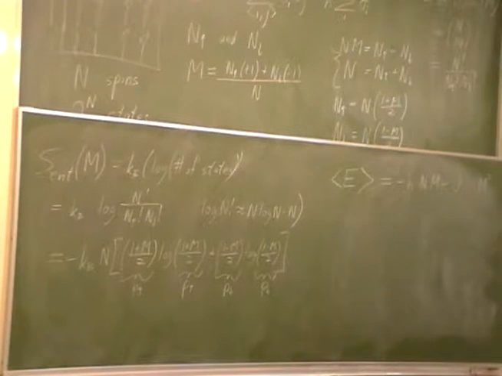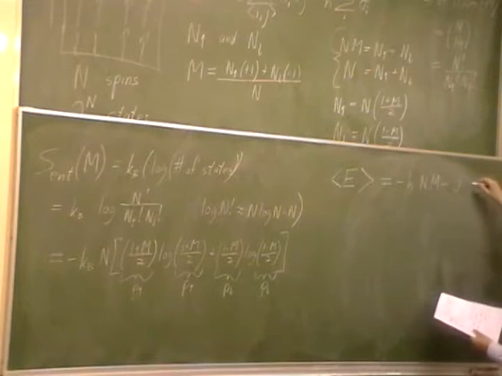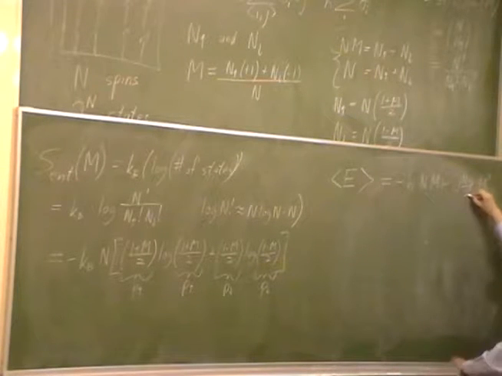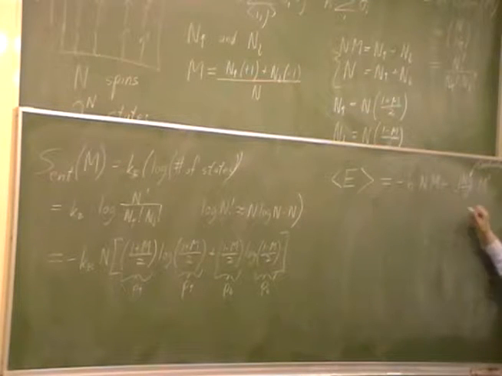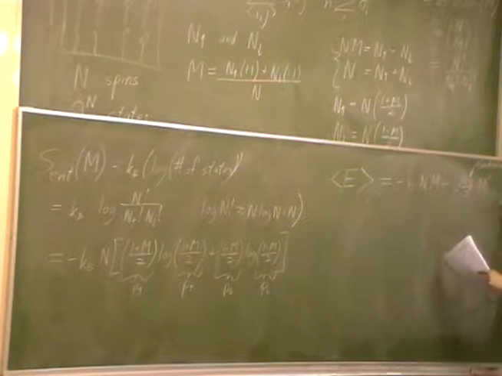I would say, well, this guy is neighbors with this, but this guy is neighbors with that. So it's the number of sites times the number of neighbors per site. Let's give that the letter Q. The word for that is the coordination number, divided by 2. So this is a mean field expression for the energy.